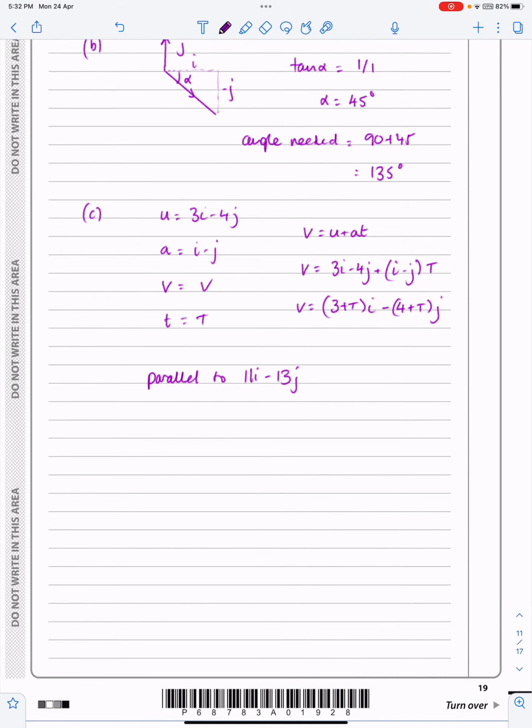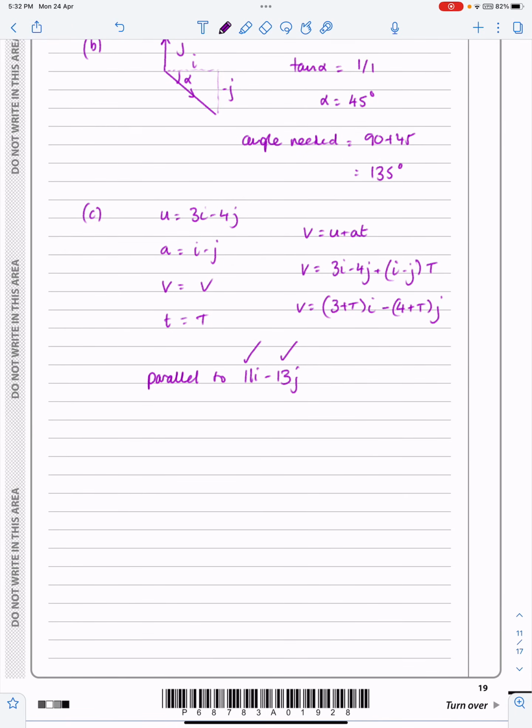Now in class we did some slightly easier ones than this. We did the one where we had something being parallel to something like I + 3J, and I then said to you, this number is always 3 times as big as this number. Well, when we're working out that with these ones, what we can say is that this number is always -13 over 11 times bigger than this number.